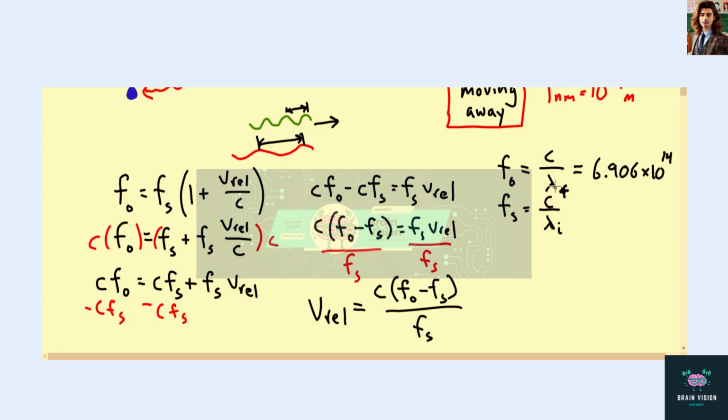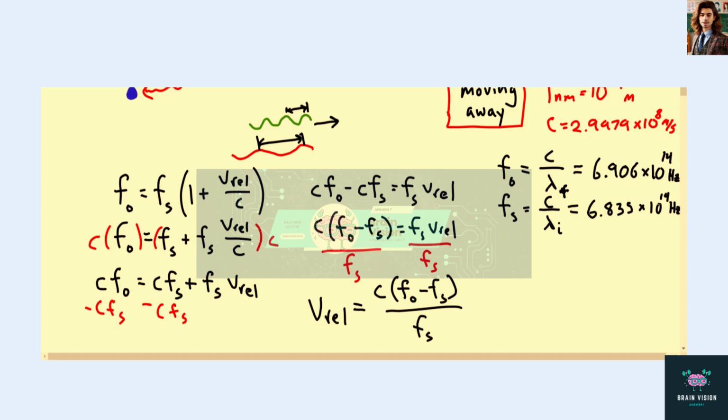We convert lambda into meters using c equals 2.9979 times 10 to the 8, the speed of light in a vacuum. You get a frequency of about 6.906 times 10 to the 14 hertz for the observed frequency, and then the frequency at the source is about 6.835 times 10 to the 14 hertz.